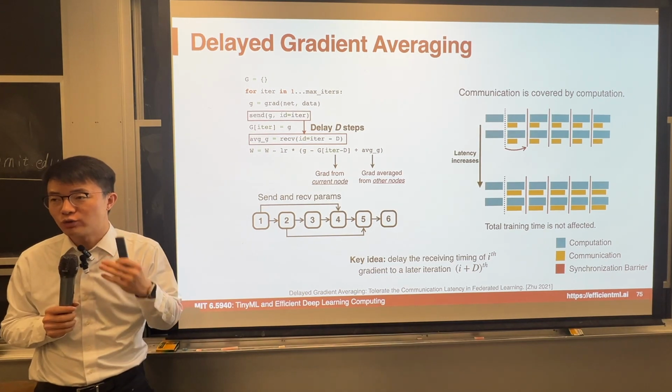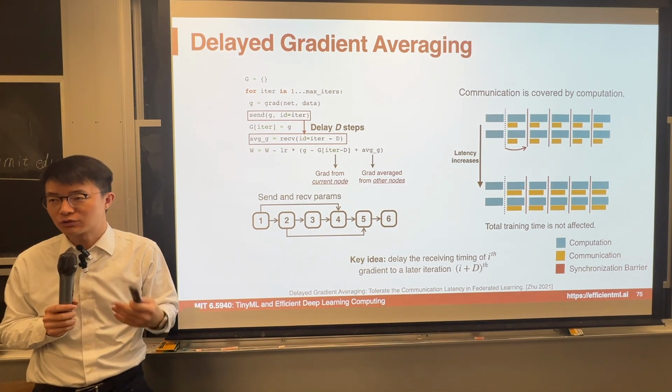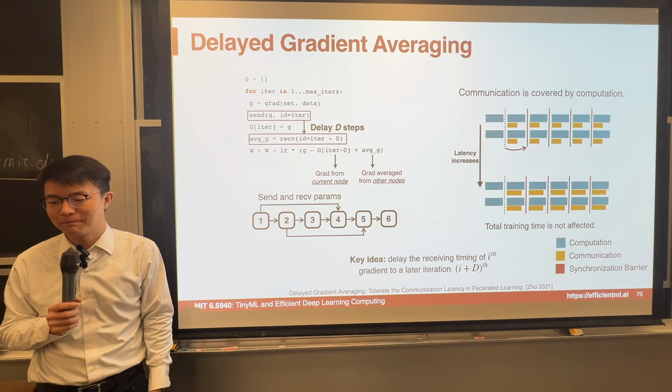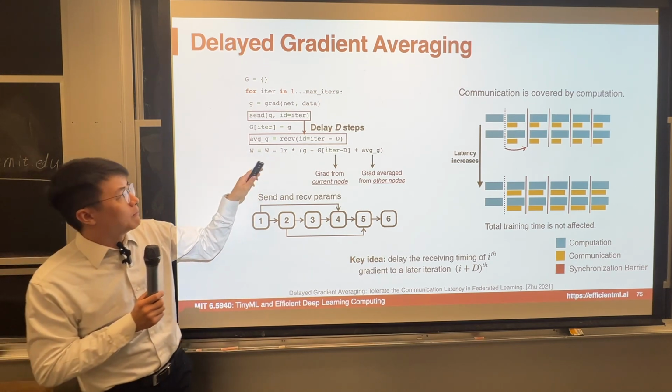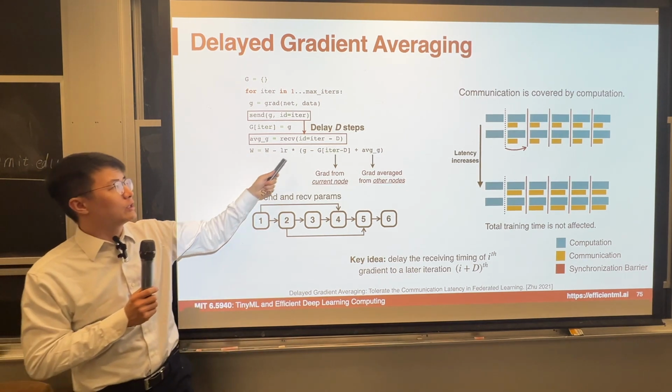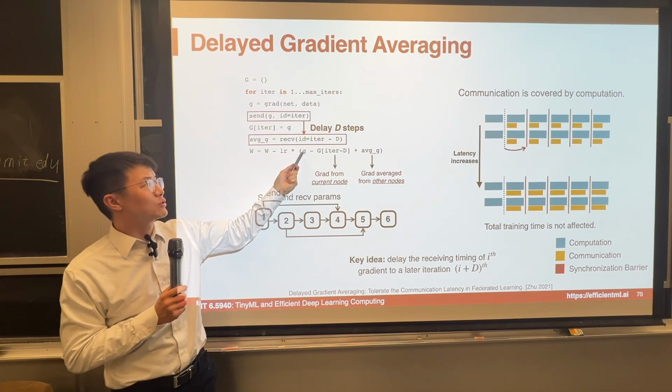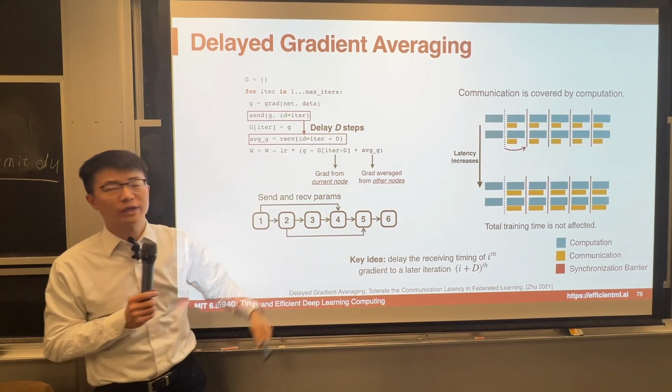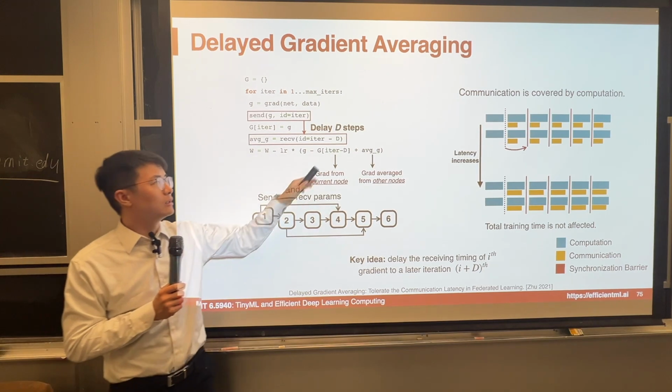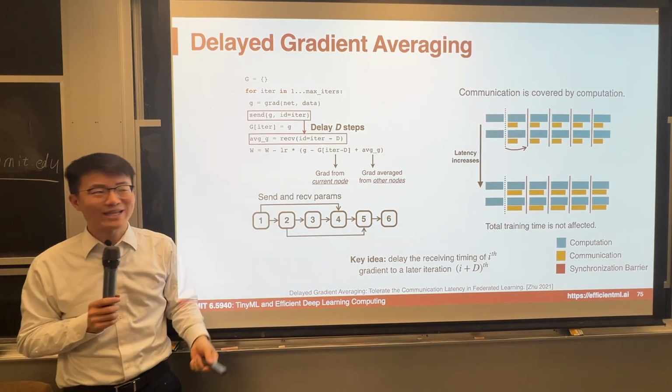So we are receiving an old gradient since the gradient communication takes time. When we are doing the update, we first apply the current step's gradient G, and then we kick out our own gradient that was D steps ago.